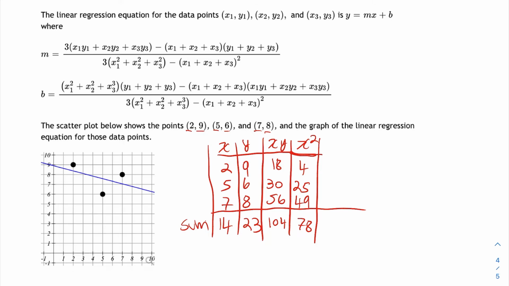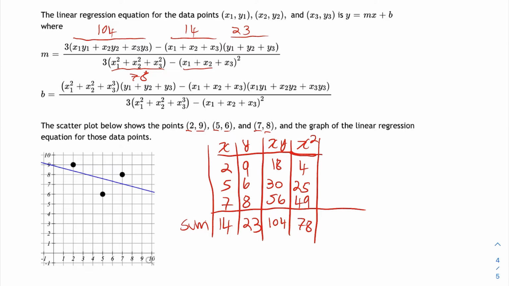Let me see, the 3 is there, but then when I add up all the product of the x's and y's, I got 104. When I added up all the x's, I got 14. And when I added up all the y's, I got 23. In the denominator, when I added up the x squareds, I got 78.